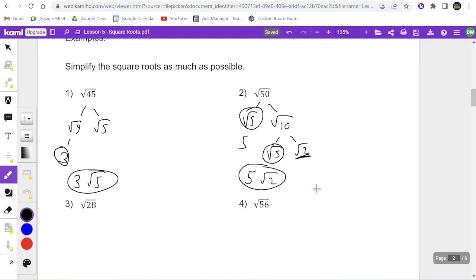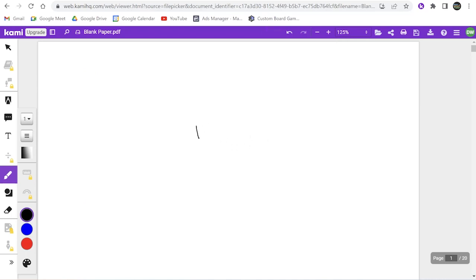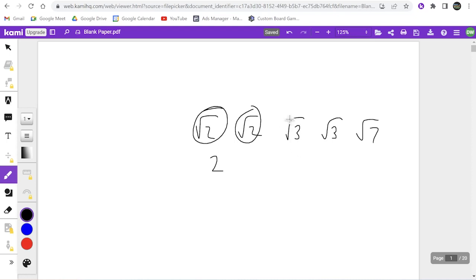Now, by the way, one thing I want to mention is that, let's just say, hypothetically, that I had root 2, root 2, root 3, root 3, and a root 7. You got a pair of root 2s, so 2 breaks out. You got a pair of root 3s, the 3 breaks out, and you still got the root 7 left over. So what's the answer in this case?